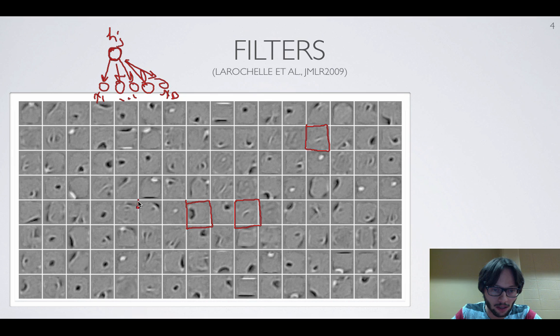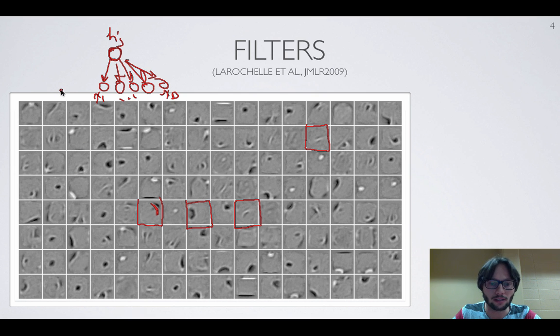This would be another pen stroke here. We have other units that are not as easily interpretable as pen strokes, but still it has learned a decomposition of what a handwritten character is as a set of different pen strokes in different isolated regions of the image.